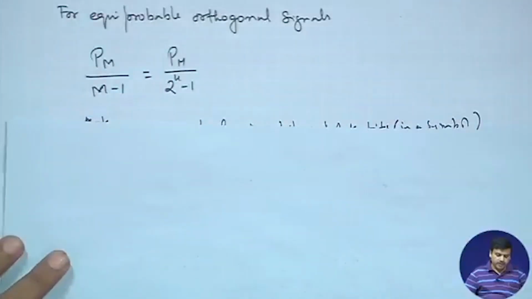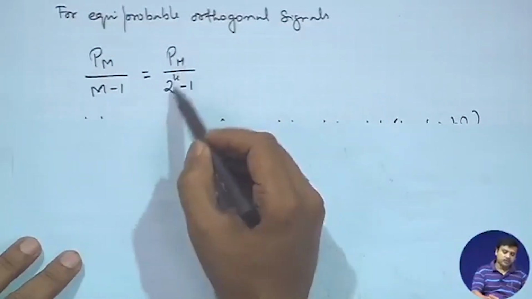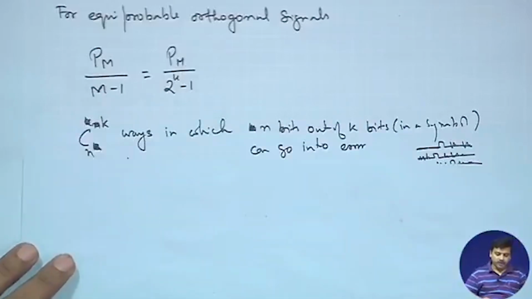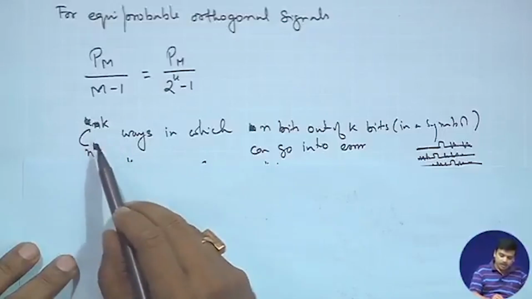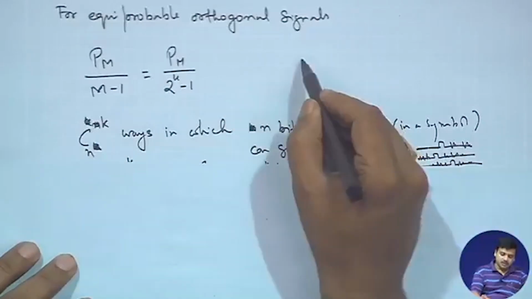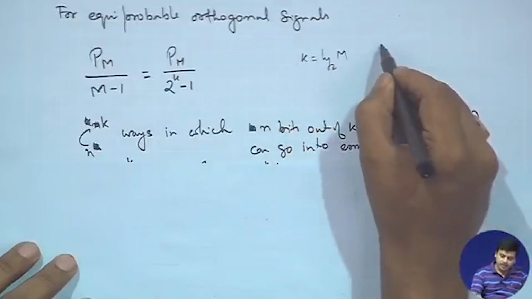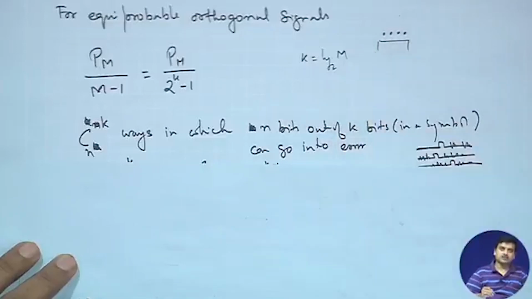So, for equiprobable signals, we could write P m upon m minus 1, which is equal to P m upon 2 to the power of k minus 1, that is m is equal to 2 to the power of k, and there are n out of k bits. That means, since k is equal to log base 2 of m, each symbol duration consists of k bits, right.